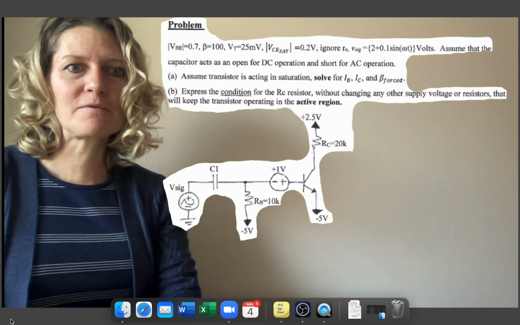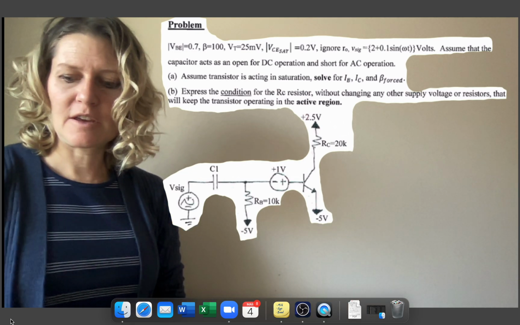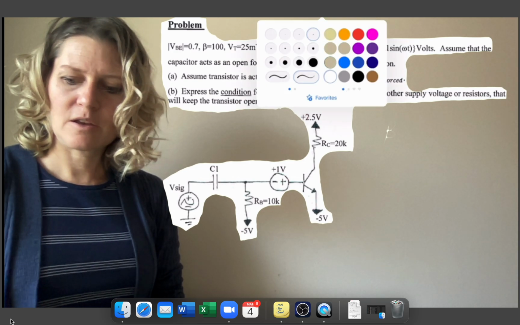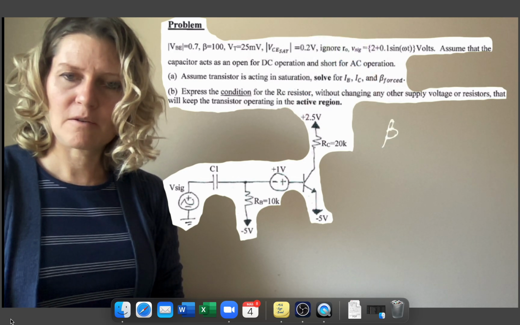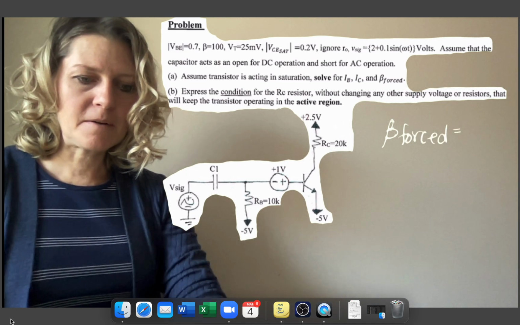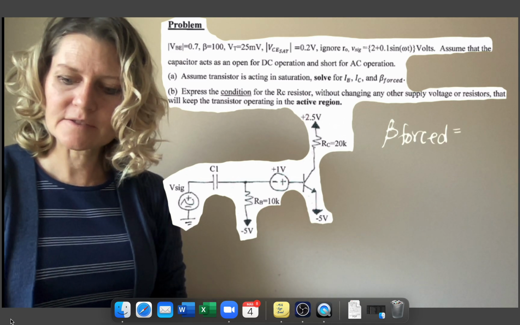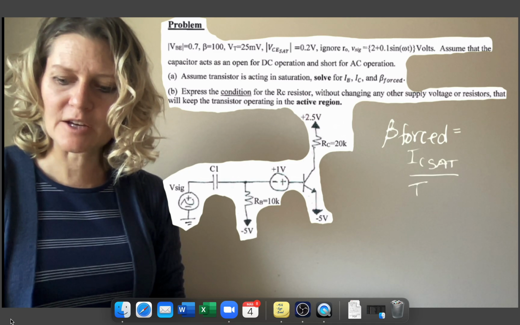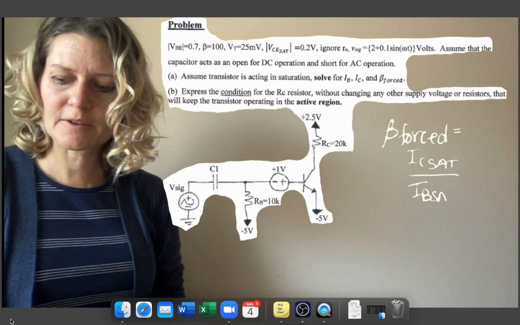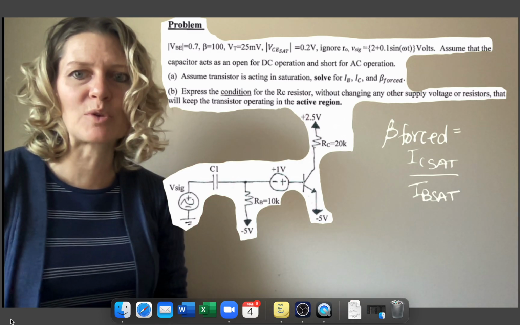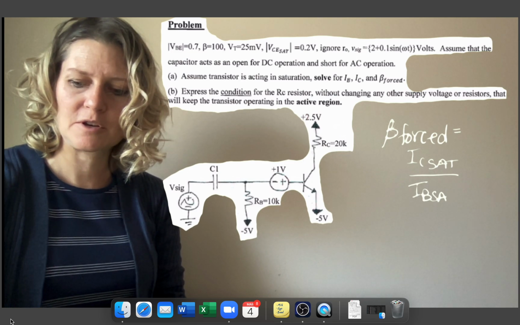Remember, beta forced is IC saturated over IB saturated. Assuming saturation conditions, you're going to get this ratio, and that is what you're going to have for beta forced.